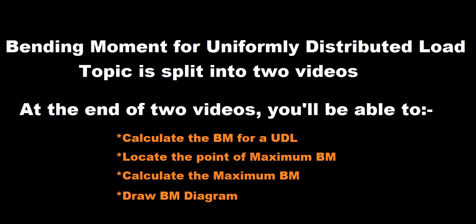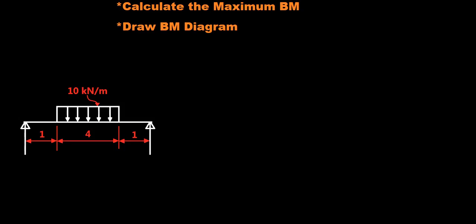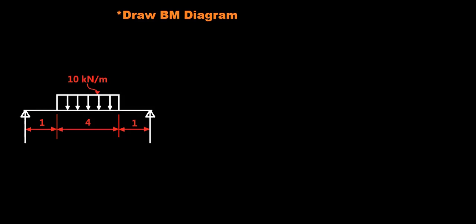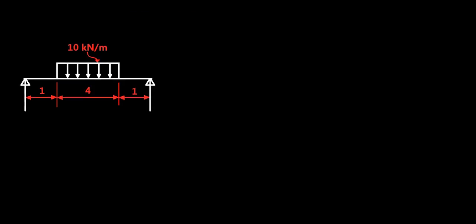Now, let's start with a beam with a given uniformly distributed load. As in the previous cases, let's assume the beam is simply supported at A and B, where you have reactions Ra and Rb at the end points.